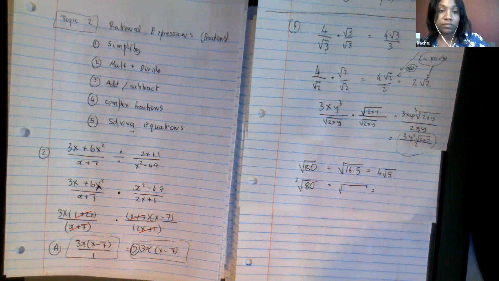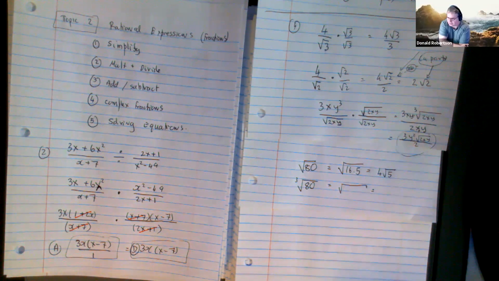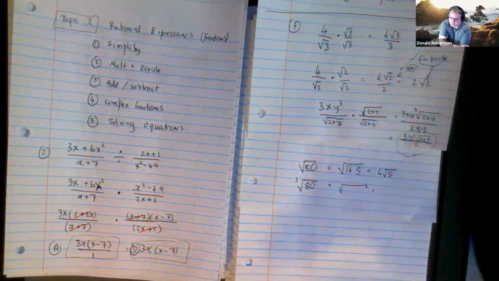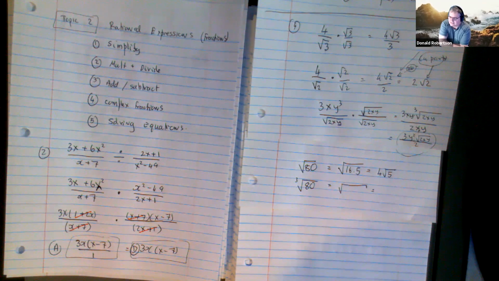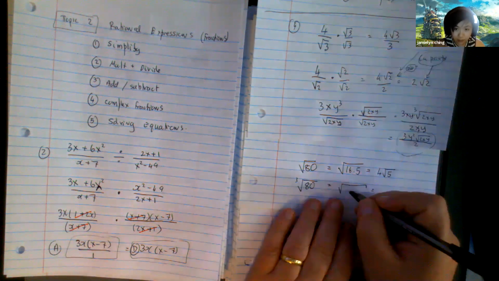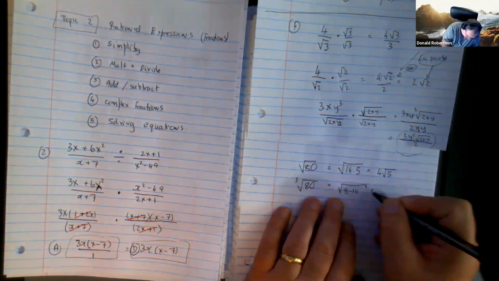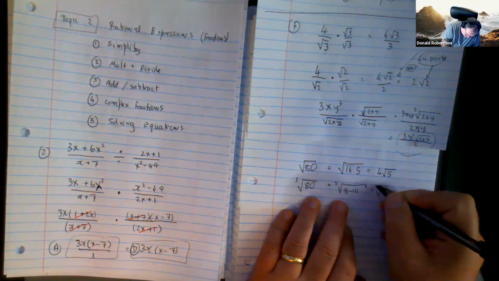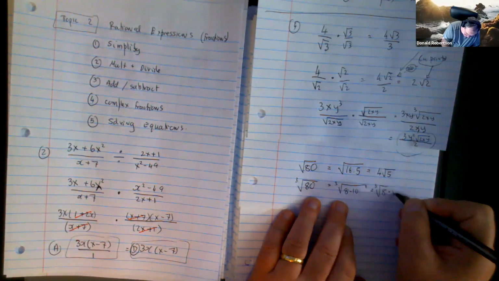Okay. So look at this, it is just numbers, so it's a little bit different. I mean, it's still cube roots, but it doesn't have the y squared issue. What do you get 80 to split as? Is it 8 times 10? It is. And then you can do the cube root of 8 times the cube root of 10.